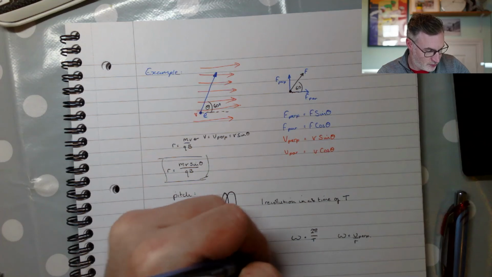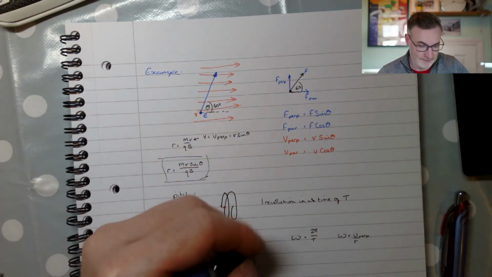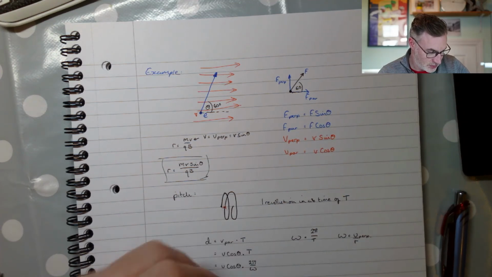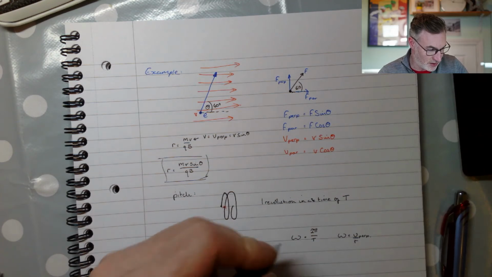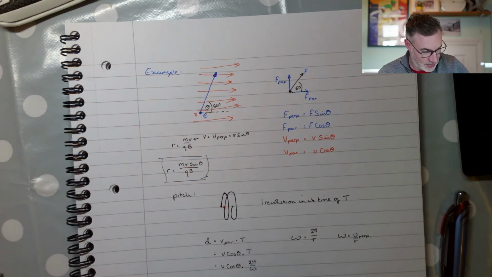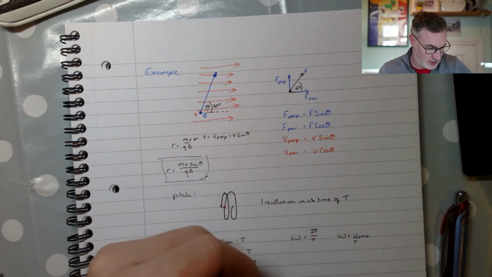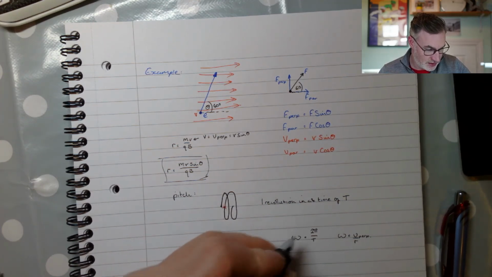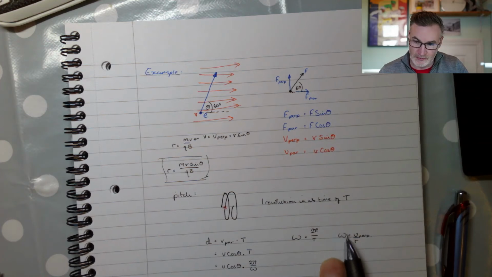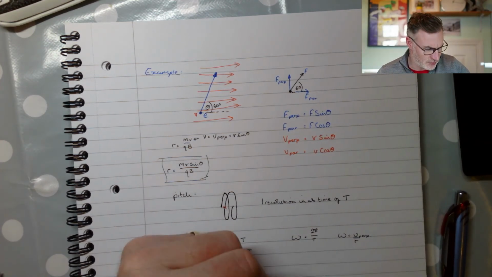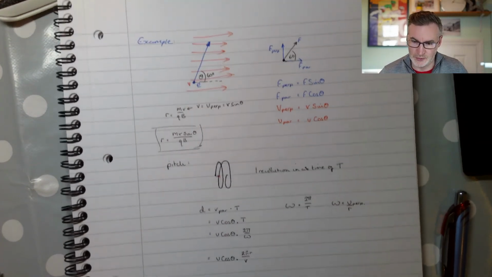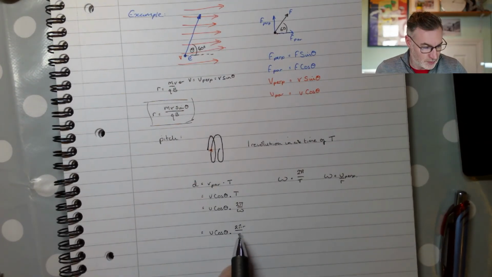Omega is v over r, so v cos theta, which is the v parallel, times 2 pi, and that's the inverse, so 2 pi r over v.